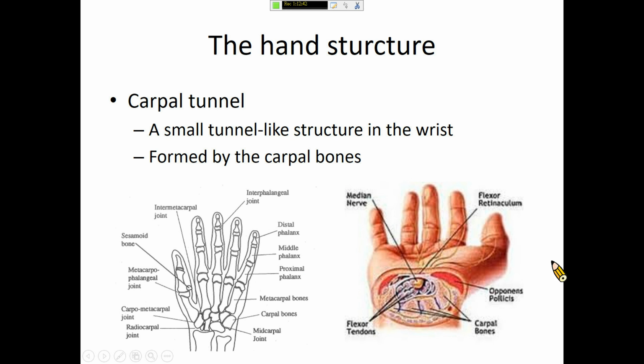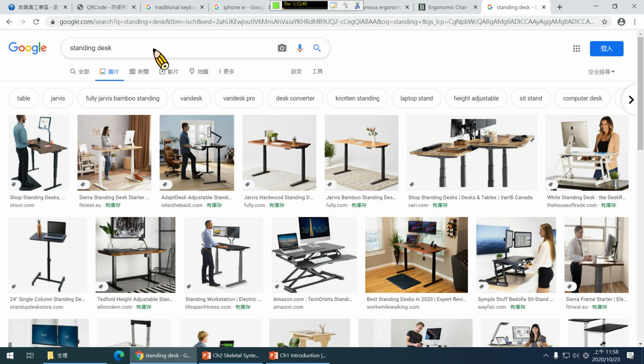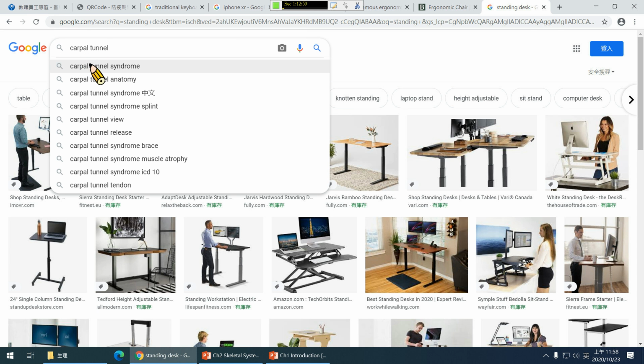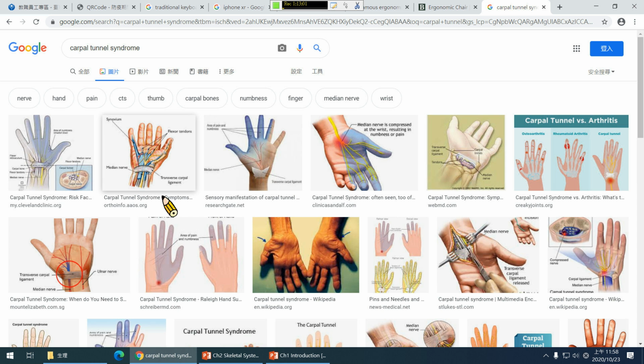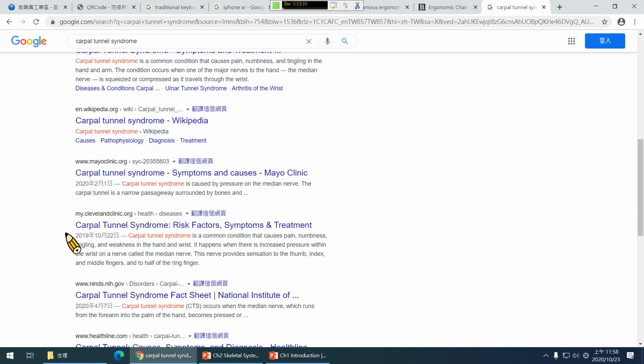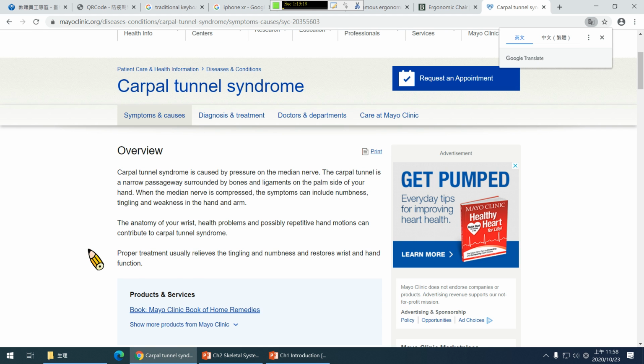If you type... This is actually a name for this disease. It's carpal tunnel syndrome.